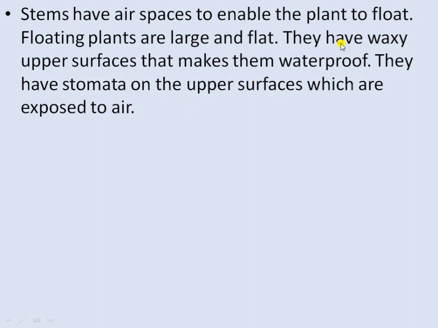They have stomata on the upper surface, which are exposed to air, and the stomata help in the exchange of gases. In terrestrial plants, the stomata are present on the lower surface of leaves, but in aquatic plants the stomata are present on the upper surface.